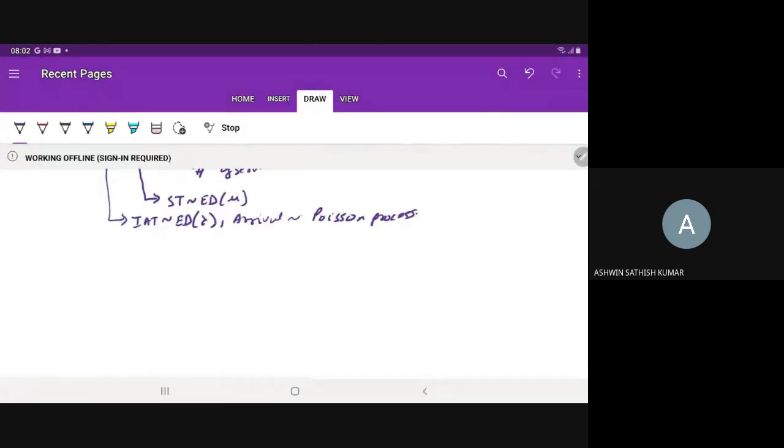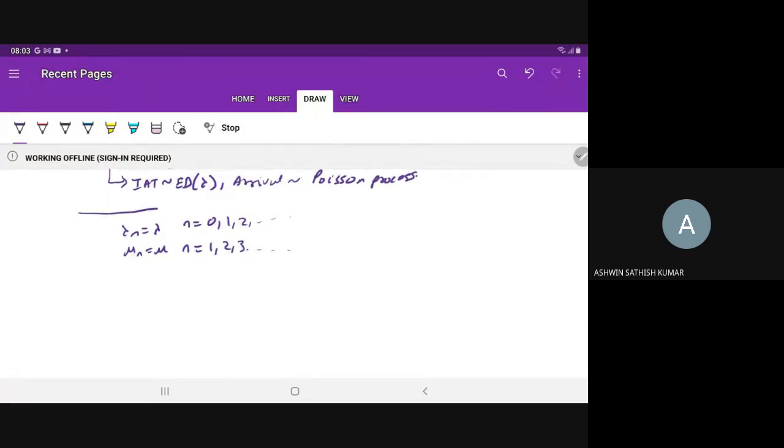In this case, we have lambda n equal to lambda and mu n equal to mu. It means for all n there is no change in the rate, for n equal to 0, 1, 2, 3, and so on. If you make its state transition diagram, initially we have 0 customers, then 1 customer, then 2 customers, 3 customers.